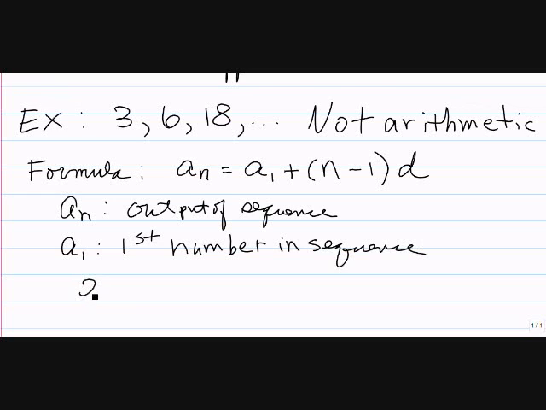Okay. So let's go back to this 2, 4, 6, 8. A sub 1 is 2. The second number in my sequence is 4. A sub 2 is 4. The third number in my sequence is 6. A sub 3 is 6.